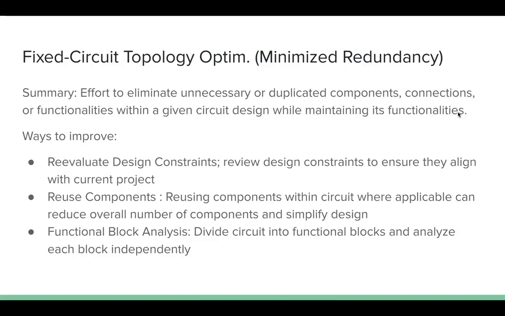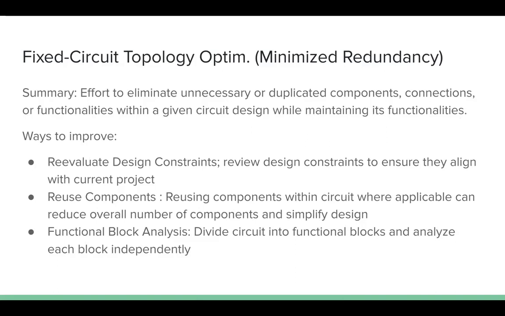Another thing we can focus on is minimized redundancy, which is the effort to eliminate unnecessary or duplicate components, connections, or functionalities within a given circuit design while maintaining its functionality. Some of the ways we're able to improve this is to review the design constraints to ensure that they align with the current project.